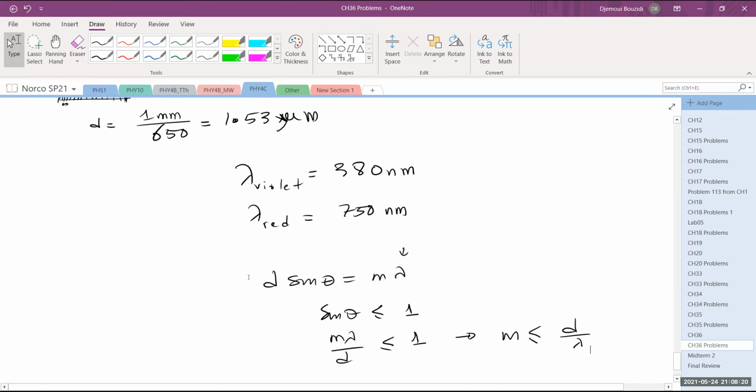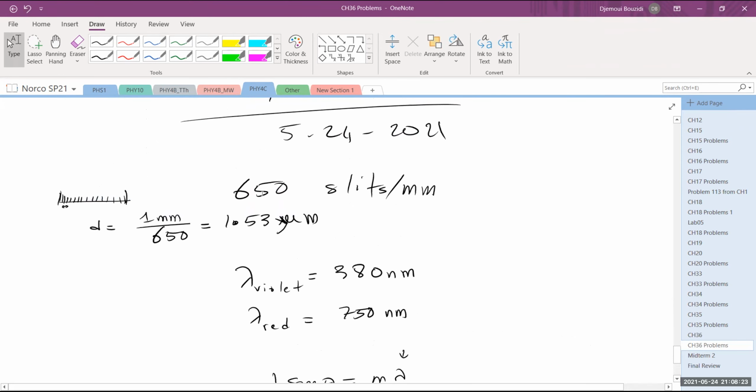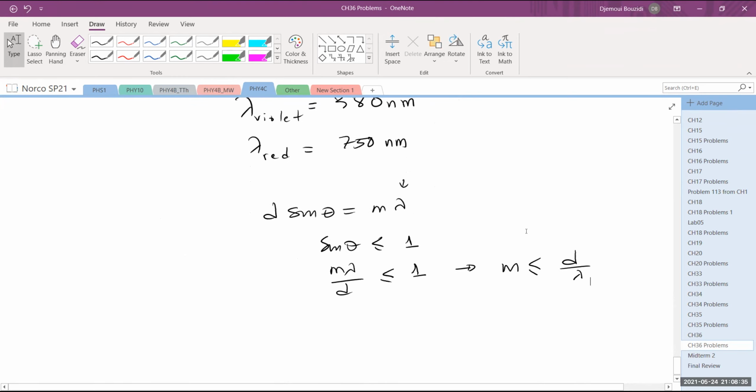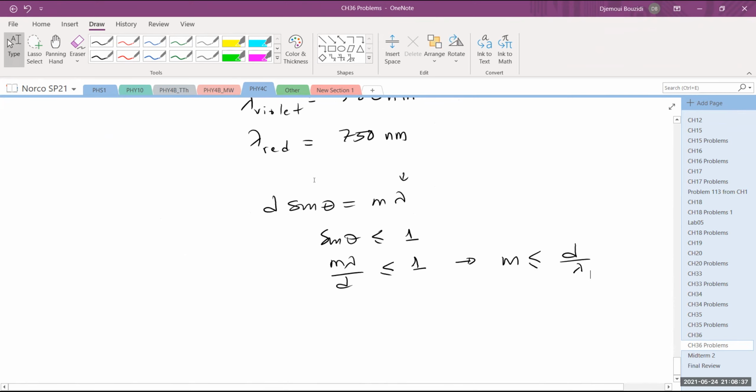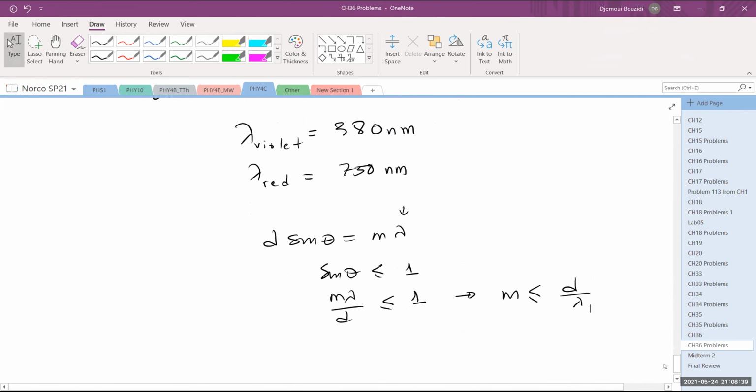I have the value of d, because remember, I have 650 slits per millimeter. So over 1 millimeter, the distance between each 2 is 1 millimeter divided by 650. That's how much they are separated. Now it's a matter of finding the values that correspond to this expression.